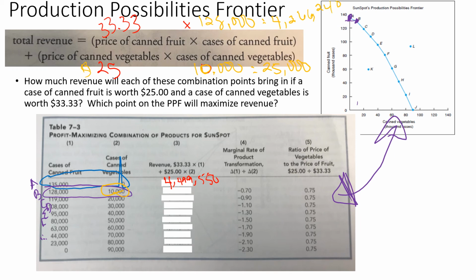So add that to the 25,000, and it's approximately 4,291,240. So ultimately what we're trying to figure out here is the greatest amount of revenue. So you can calculate those out and figure out which point on the production possibilities frontier will maximize revenue. That's what you're looking to answer on your note sheet.